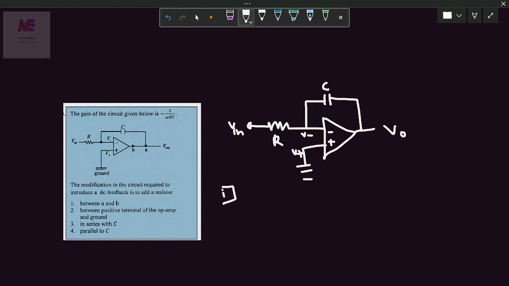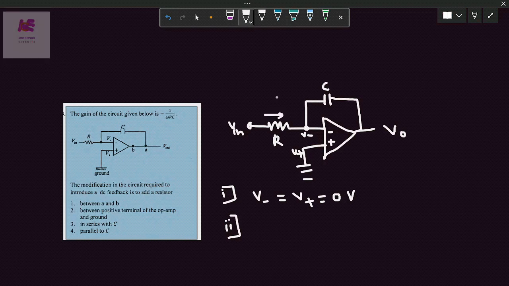First point, as per the virtual ground concept, V minus is equal to V plus, and as we know the non-inverting terminal of the operational amplifier is connected to ground, which means 0 volt. The second thing, we have to apply KCL at this node.